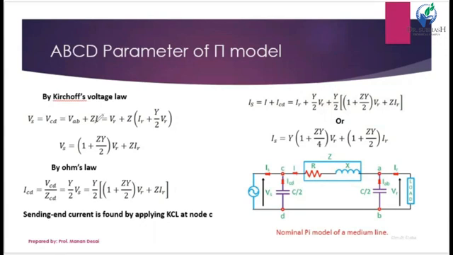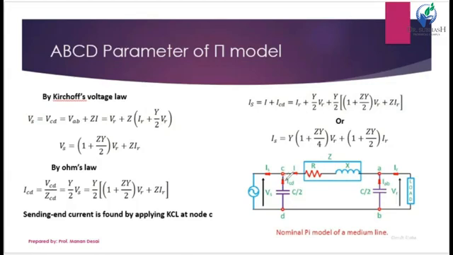VAB plus ZI is equal to the receiving end voltage VR plus Z times I, and as we have seen on the previous slide, I is equal to IR plus Y by 2 VR. So VS is equal to 1 plus ZY by 2 times VR plus ZIR.